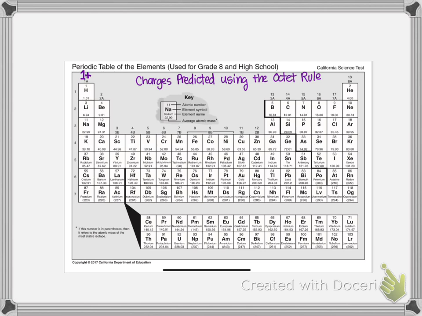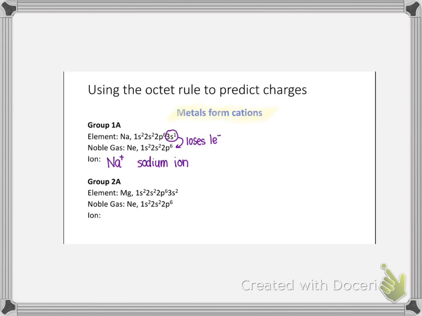Now let's go back and get our pattern. All right, so now on this page, again, I'm not doing this so that you have to memorize everything. I want you to see how it's all connected. So on group 2A, I chose magnesium, which is just one more element past sodium.